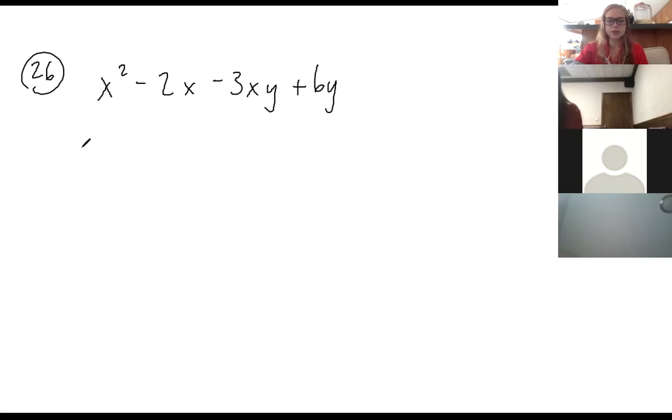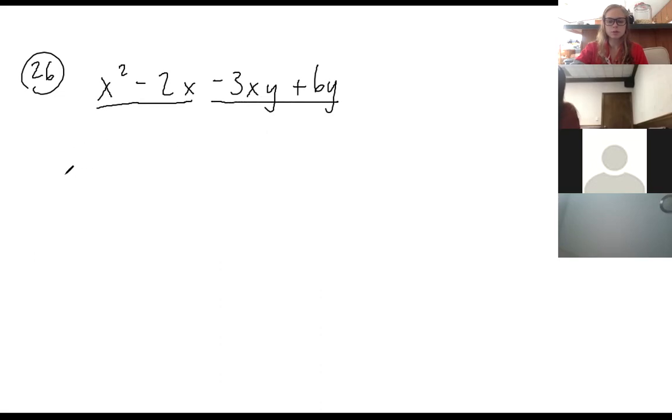Yes, I have to regroup them. Okay, so which ones should I group together? X squared and minus 2x. Okay, I want to put these together, which would leave me with negative 3xy and 6y together.